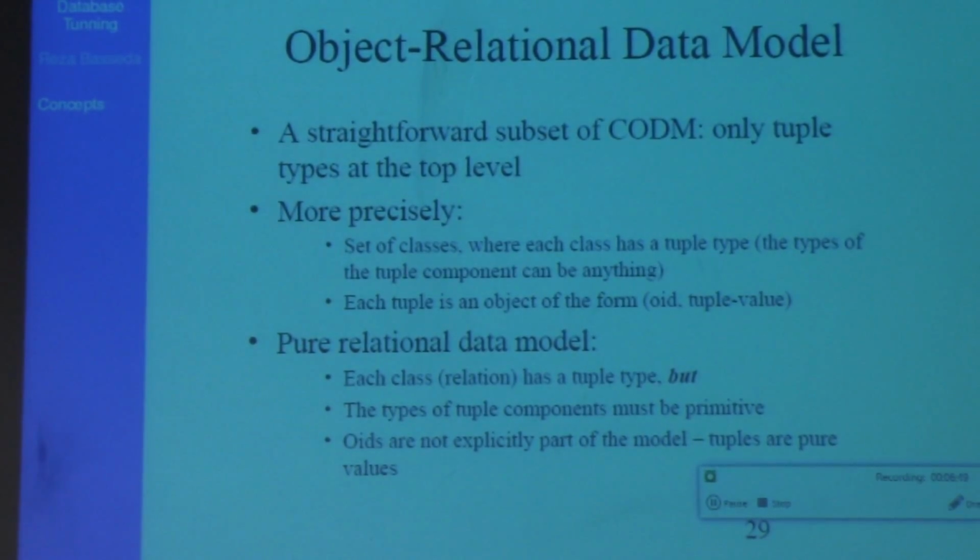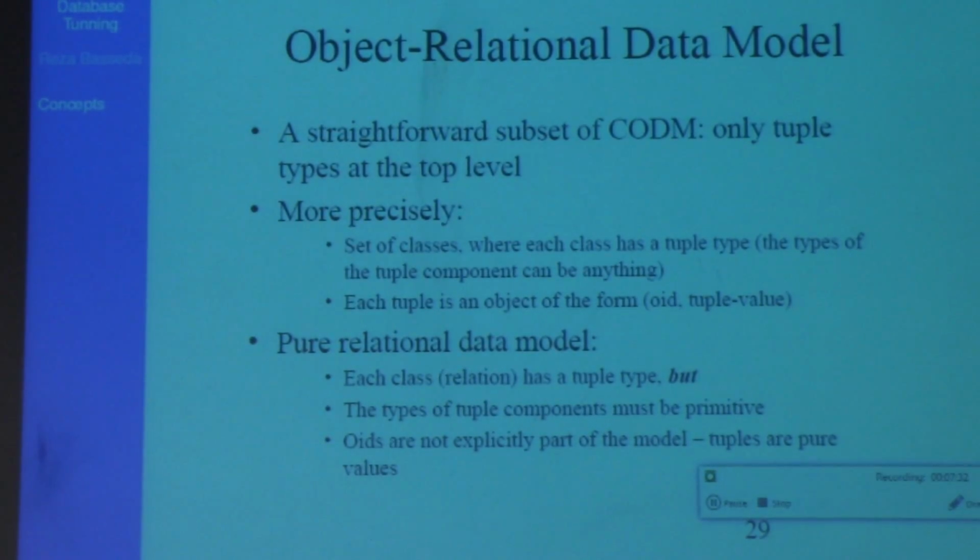For example, the class of a student contains a set of tuples, right? What is that tuple type? Student ID, string. Student name, string. Student birthday, date. This is the set that we need to have. And also what is the form of the tuple?